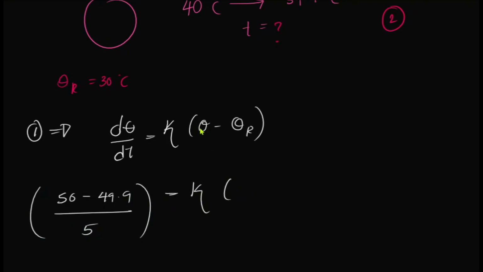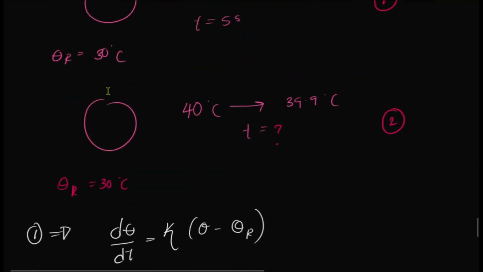What's the temperature of the object in the first instance? It's not 50, it's not 49.9. It's 50 plus 49.9 over 2, minus the room temperature theta r, which is 30. This is the first equation, guys.